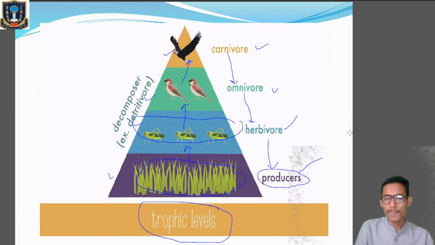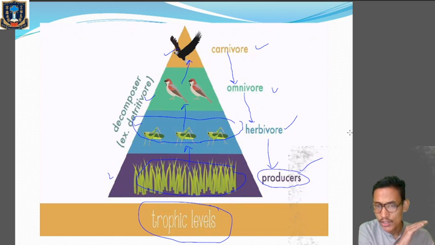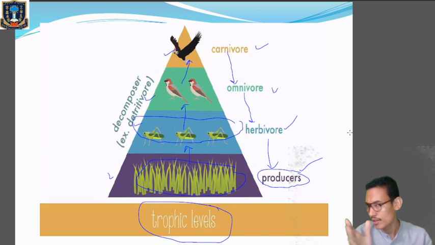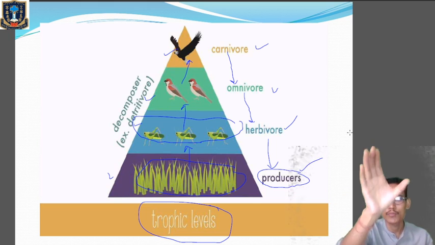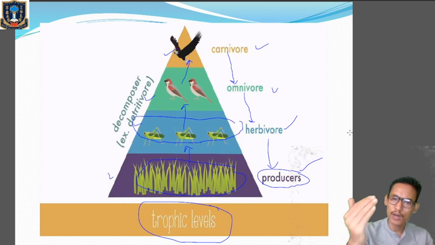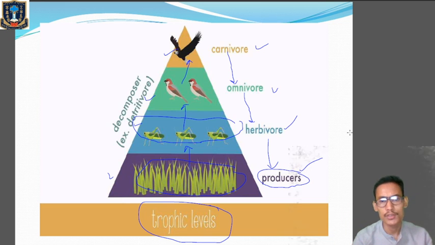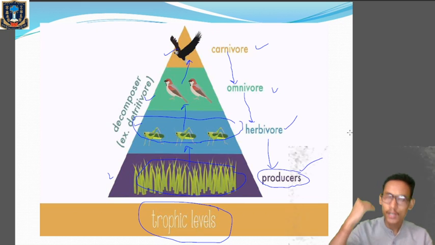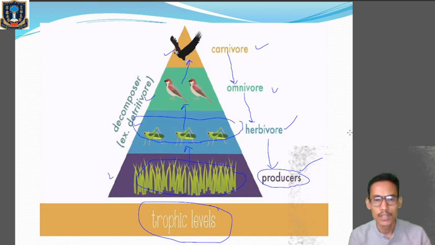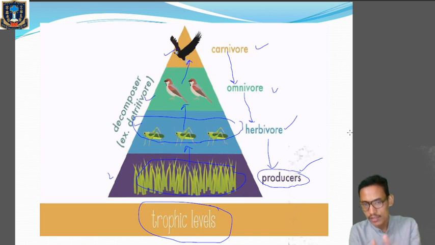Let's say if the herbivore becomes extinct from our ecosystem, then the whole ecosystem will be distorted. There will be no balance, because herbivores are the ones mainly feeding on the producers, and they help in the transfer of energy from one trophic level to another, maintaining the balance in an ecosystem.